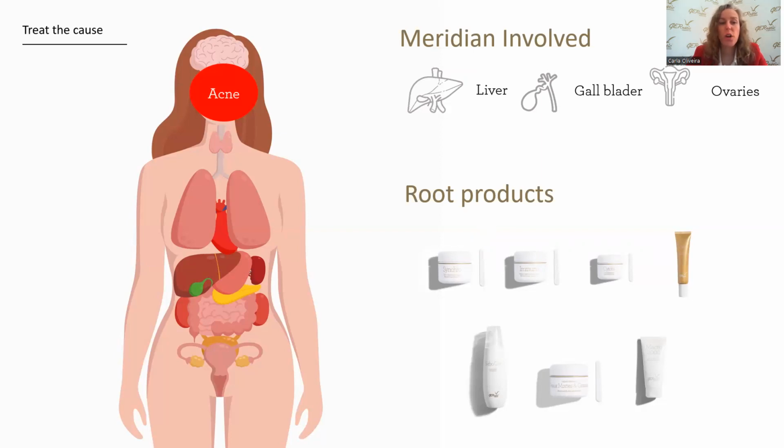We are going to work on the anti-inflammatory action, purifying action, regeneration, reparation of tissues, stimulation of the immune system, also regulation of the seborrheic secretions, and also the balance of hormonal system.